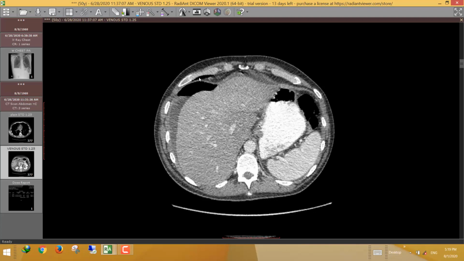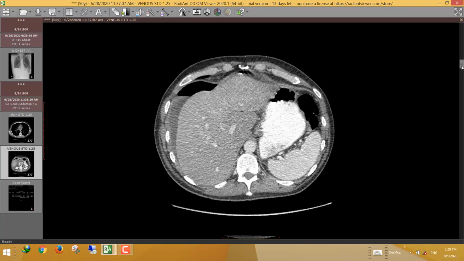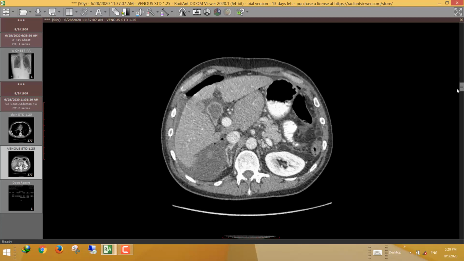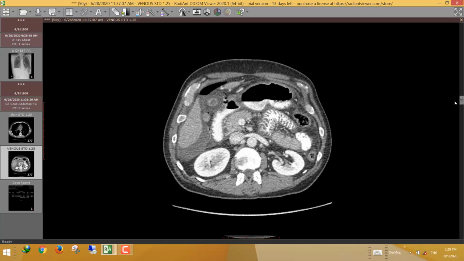So the most common cause of pneumoperitoneum is ruptured or perforated viscus, and the most common site of perforation is the stomach and the duodenum, due to a penetrating or perforating peptic or duodenal ulcer.